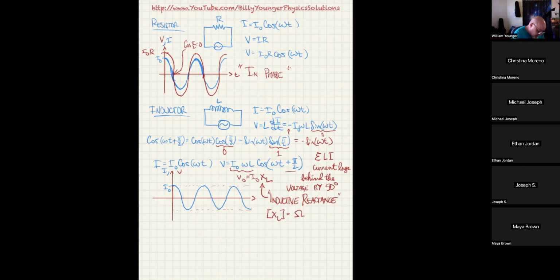And it's like resistance, only it is related to omega. As you can see, in fact, omega times L is the inductive reactance. So now I'm going to say up here is V0. That's about 3/4 of the way up the third one. So I'm going to draw this little line to specify my amplitude.